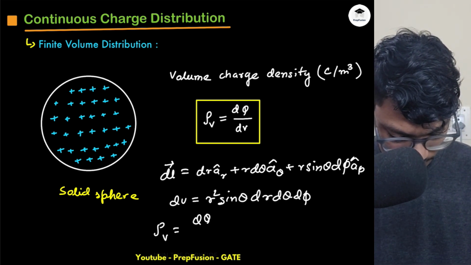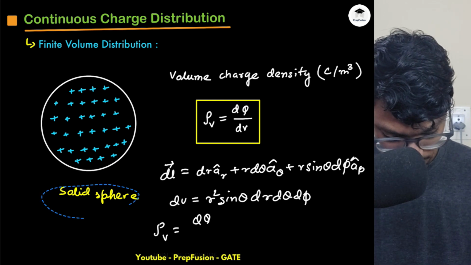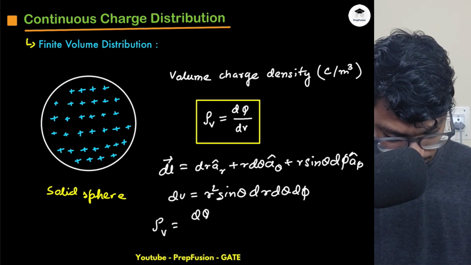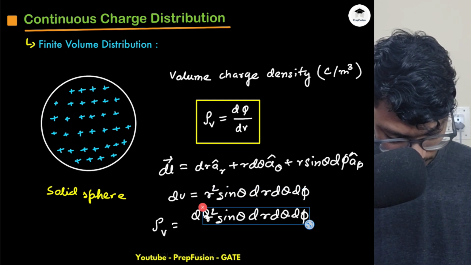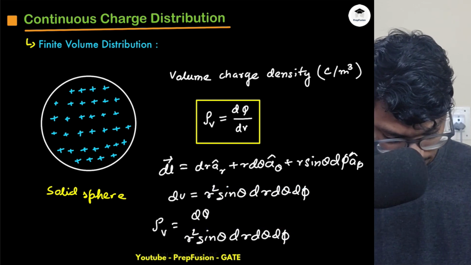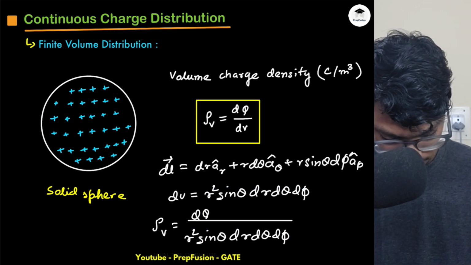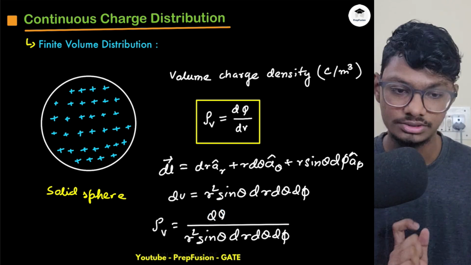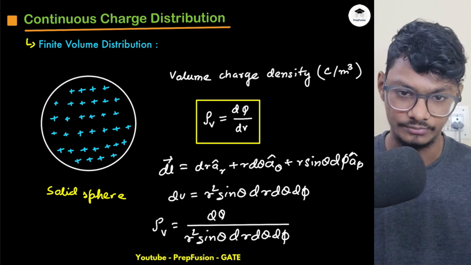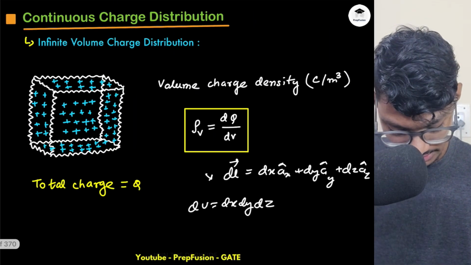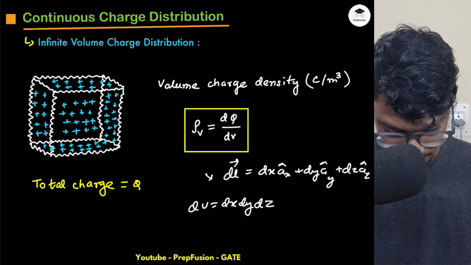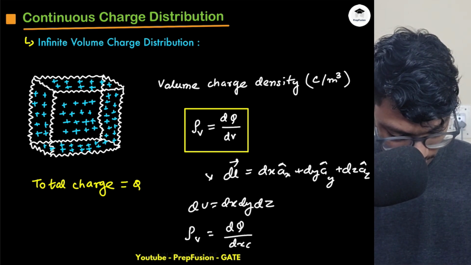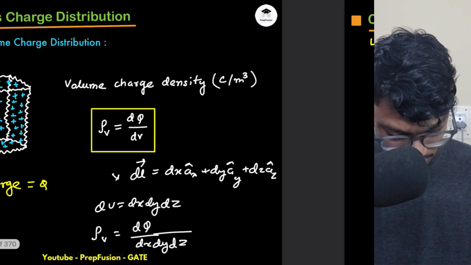dq divided by r square sin theta dr d theta d phi. So this also, your rho v here is dq by dx dy dz. Okay, simple thing.